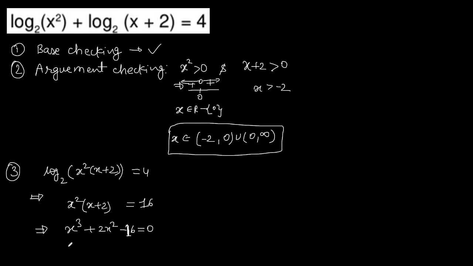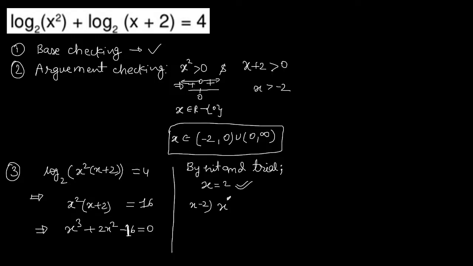If we see hit and trial, in cubic we always have hit and trial. By hit and trial, we can say that x is equal to 2. 2 cube is 8, 2 to the 4 is 8, 8 plus 8 is 16. So x is 2. And second, we'll have x minus 2.